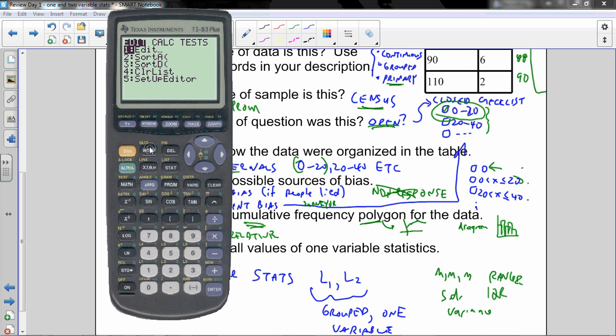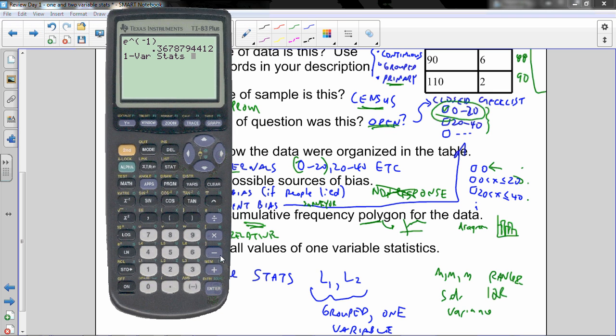So out in the normal mode, I go stat, calc, one var stats. Remember, if I just press enter, it's not going to use the group stuff, so I've got to go second, list 1, comma, second, list 2, press enter, and then there's most of the stuff. Right, I see the mean was 38, and I can copy all this stuff down.